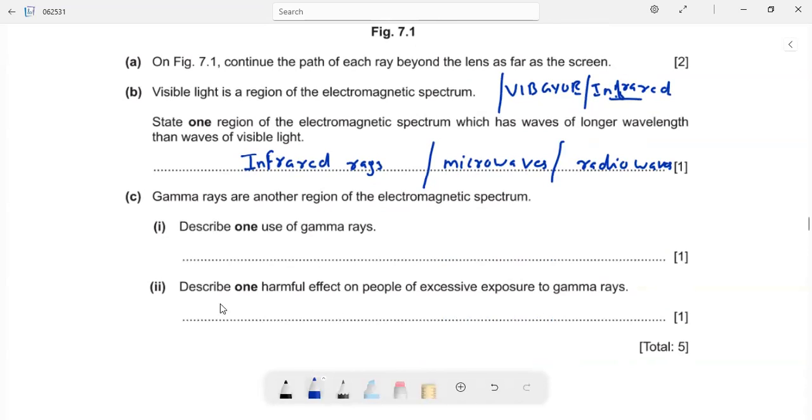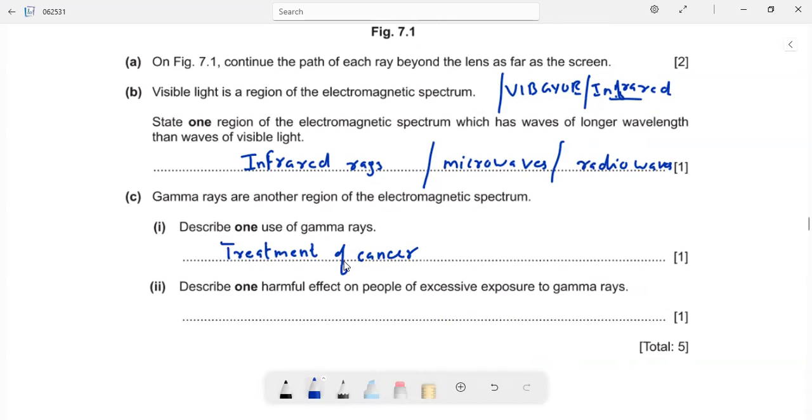Gamma rays are another region of the electromagnetic spectrum. Describe one use of gamma rays. It is normally used in treatment of cancer. The common use, we can write as treatment of cancer.